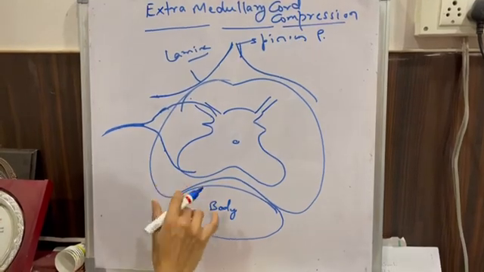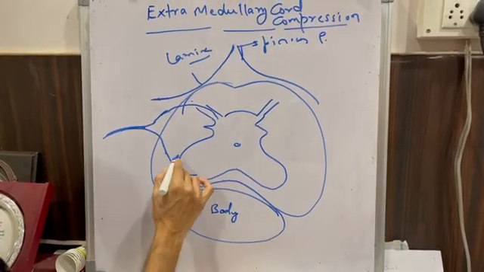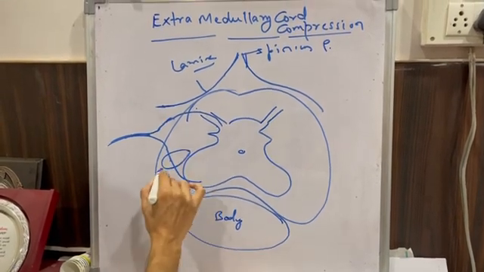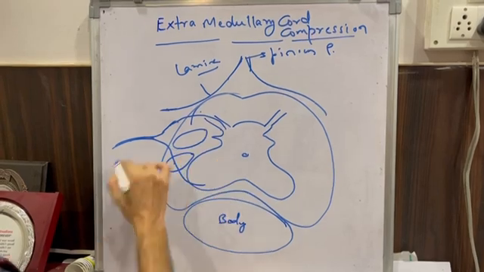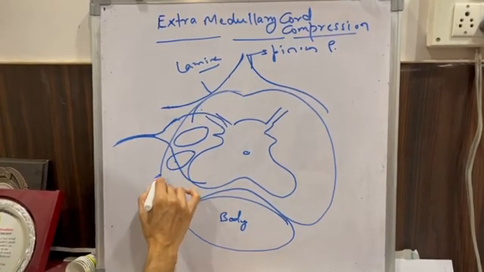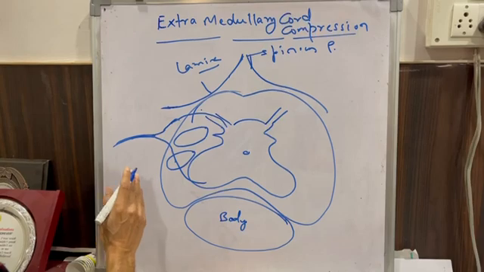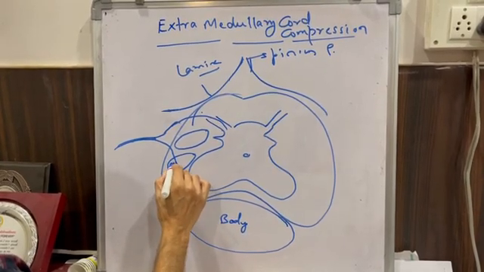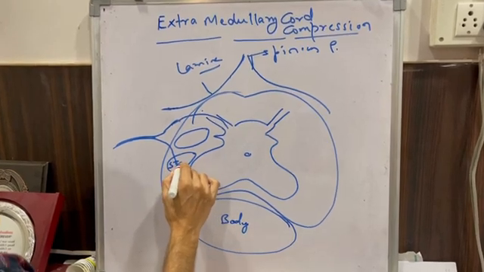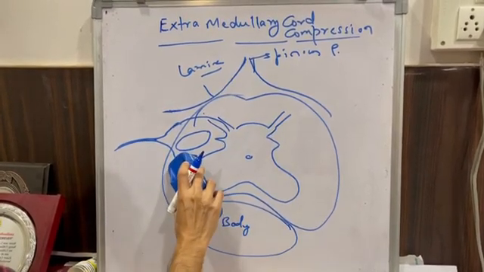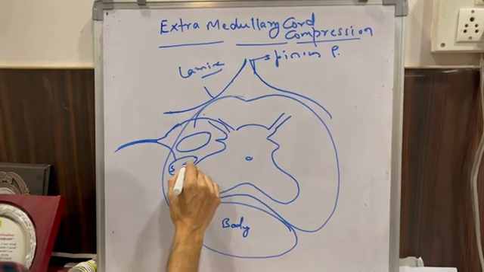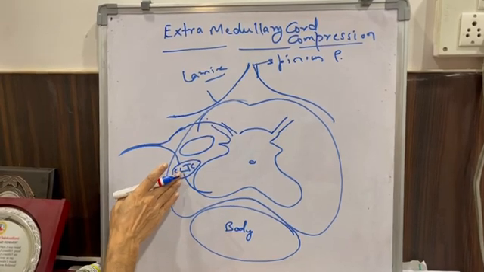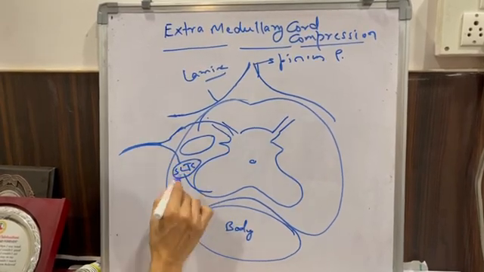And as we know, again in this diagram I am trying to tell, here are the long tracts in the spinal cord. As we know, spinothalamic tract, corticospinal tract, and the fiber arrangement in these tracts are from outside within: from outside within sacral, then the lumbar fibers, then the thoracic fibers, then the cervical fibers.